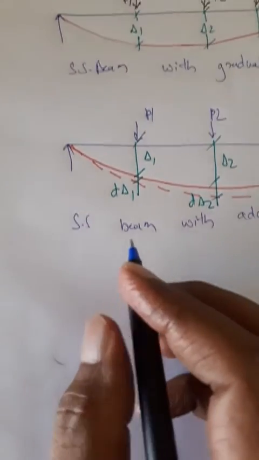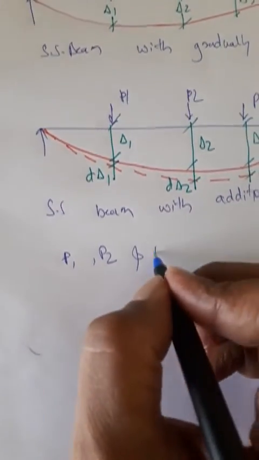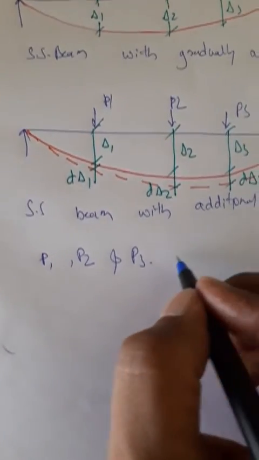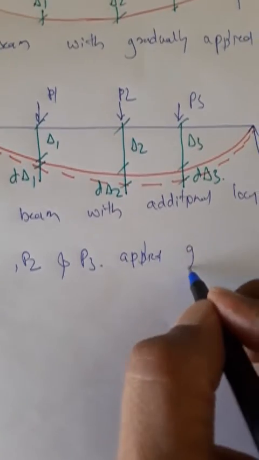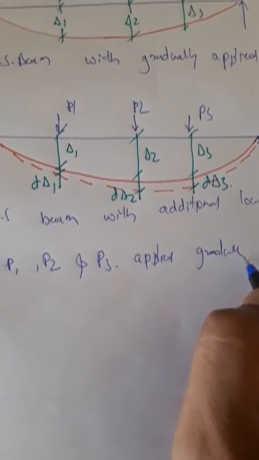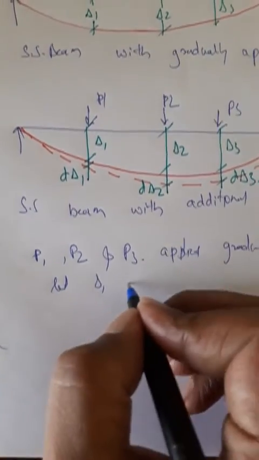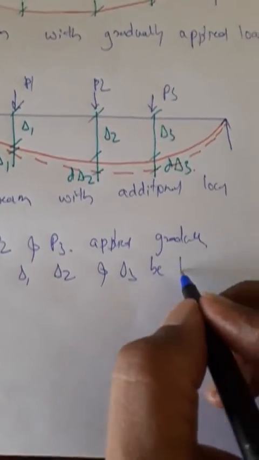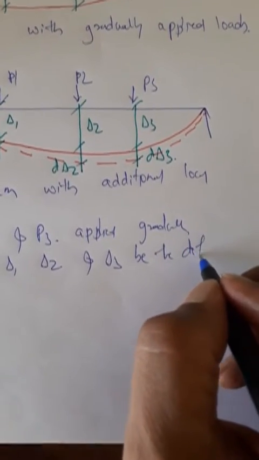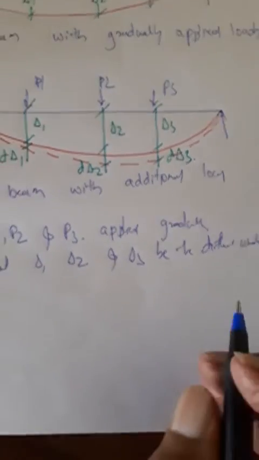Consider a beam with loads P1, P2 and P3 applied gradually. Let delta 1, delta 2 and delta 3 be the deflections under the loads.